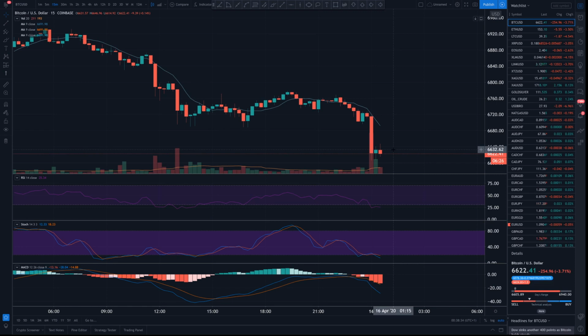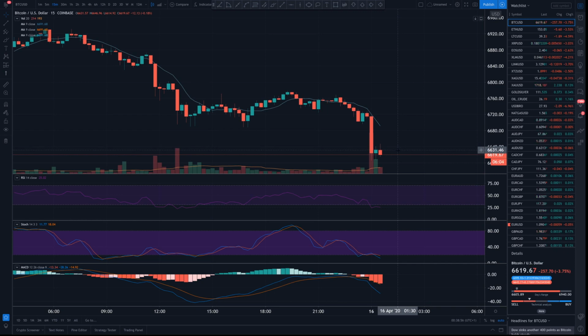But generally, we just need to understand that the body is the opening and the closing. Now this candle is still going to move around and create possibly longer wicks because it doesn't close for 6 minutes. So where this candle opened here, it can still turn green and go up from the opening price.